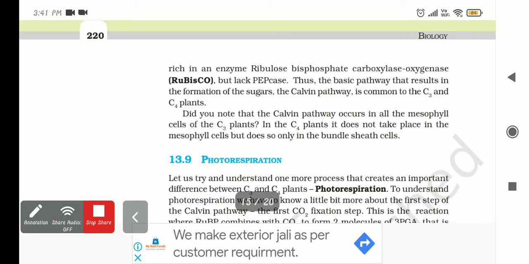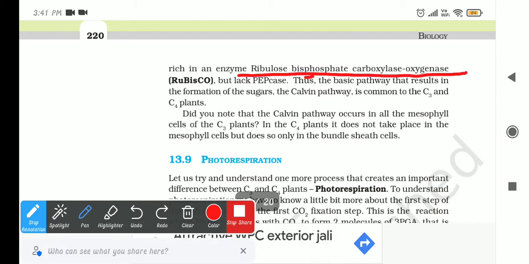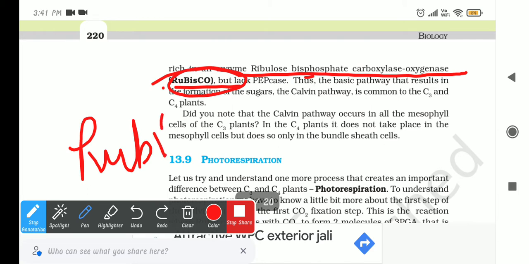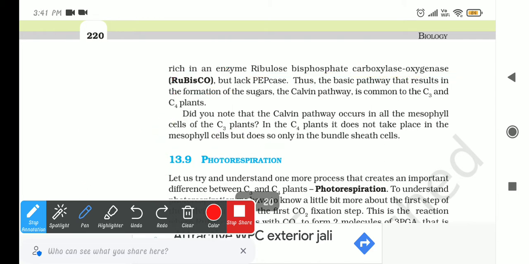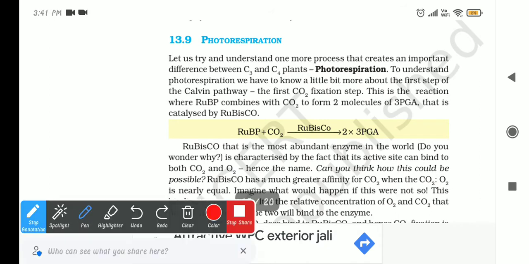Next, we have the enzyme ribulose bisphosphate carboxylase, which is none other than rubisco. Next we are going to talk about phosphorylation.